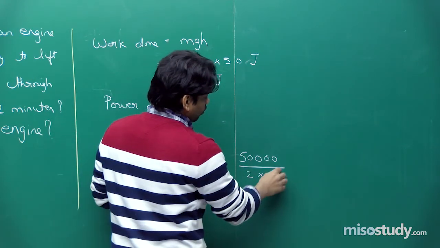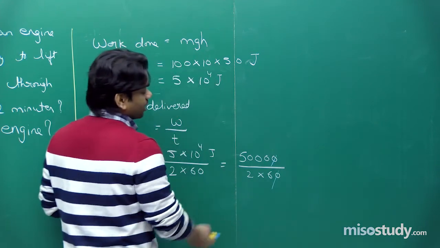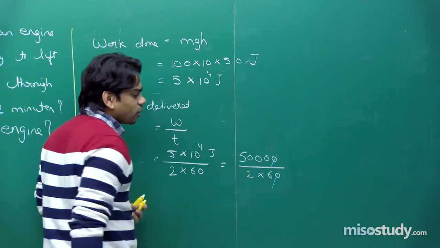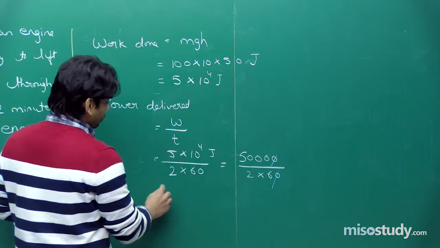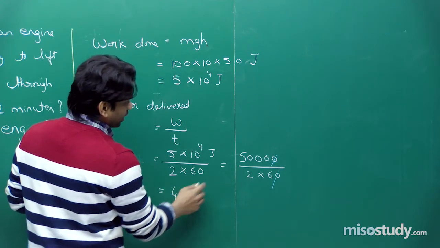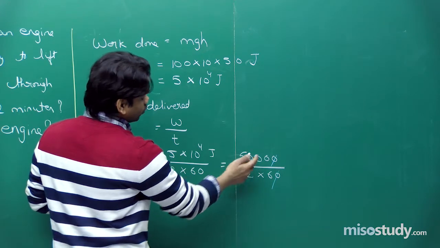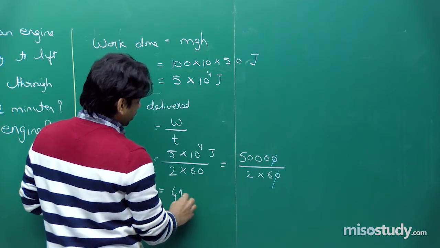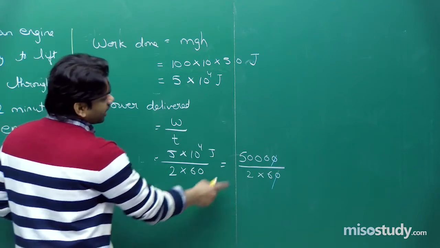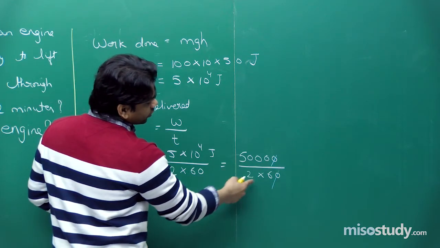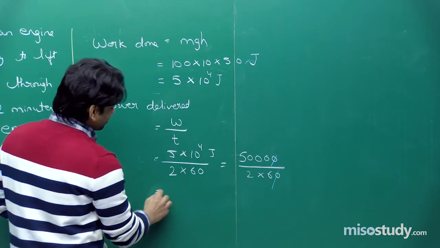You see here the zeros will be cancelled out. We'll have 2 into 6, 12, 5000 divided by 12. Let's simplify. First 5000 divided by 2 will be 2500 by 6.